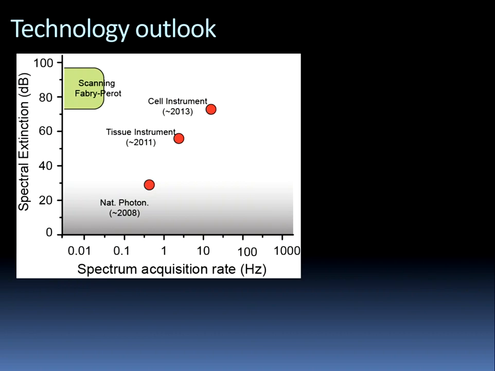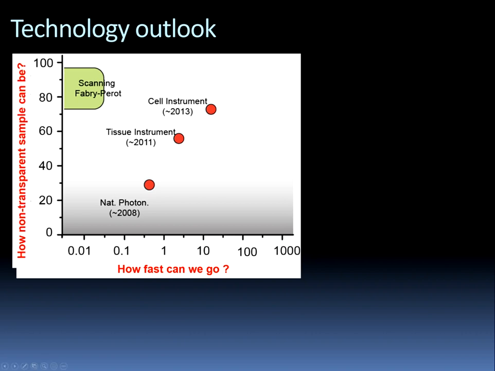This is the simplest way to understand how we have gone about this instrument in the past. The x-axis is how fast we can go, and the y-axis is how non-transparent a sample can be. So before we started, this was the instrument that everybody used, scanning Fabry-Perot, which could deal with a lot of non-transparent sample, but was mostly very slow.